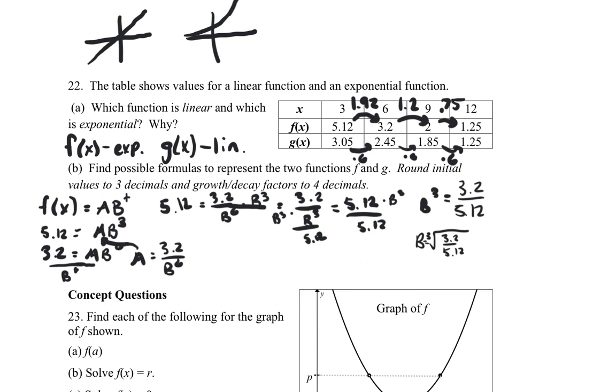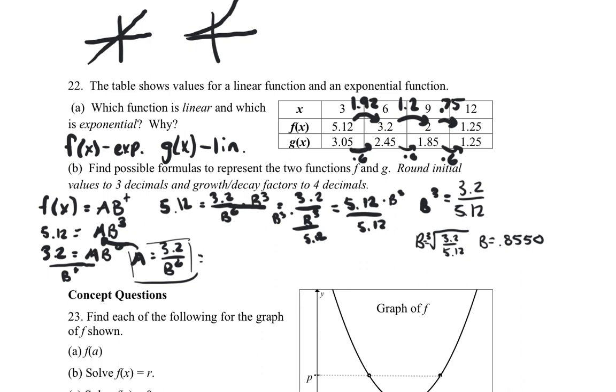And we get that b is going to be equal to 0.8550, rounded to 4 decimal places. So we can plug that into our a equation here.